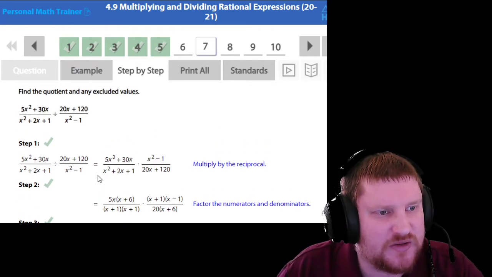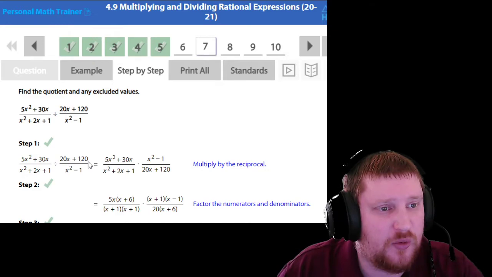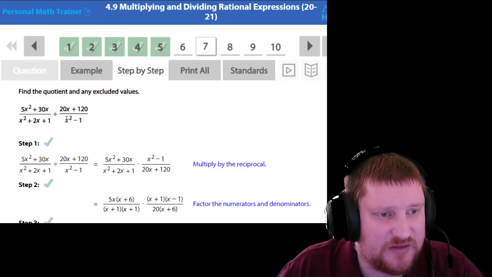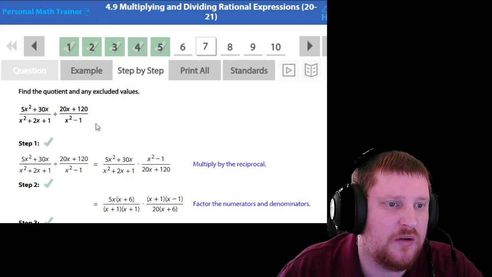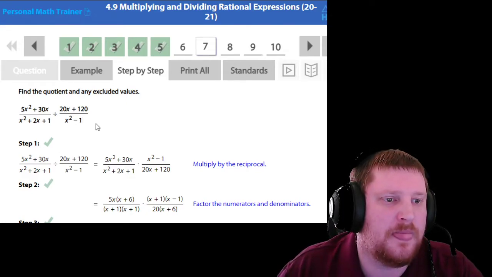So I'm sorry guys, I believe there is a mistake here on this problem. The only way I could even see an argument that 1 should be there is the fact that +1 is in the denominator here. That's why it's there.